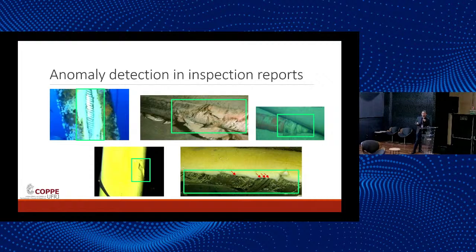The idea is to improve algorithms for risk-based inspection, detecting the frequency and classifying those failures in former inspection reports from decades ago. We can probably improve the risk-based inspection algorithm and reduce the cost of that inspection in the future.